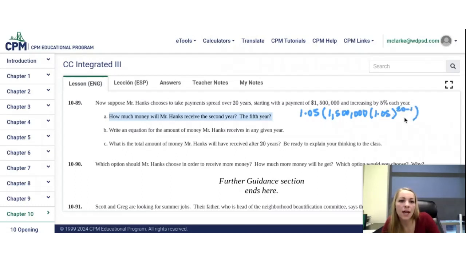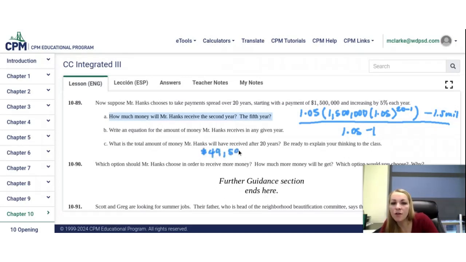That gets us our last term, times the multiplier, and then minus our first term, 1.5 mil. Understand that that's the same number as this. Then I'm going to divide that by my rate minus 1, so 1.05 minus 1. Go ahead and type that into your calculators and make sure you can get this. In doing so, he gets $49,598,931.